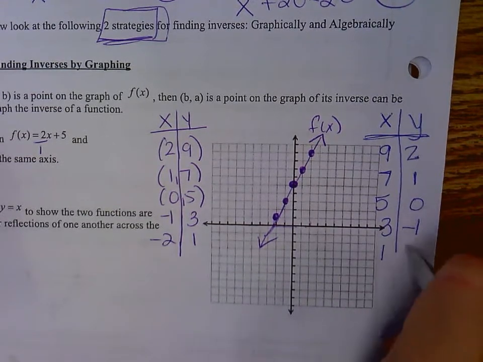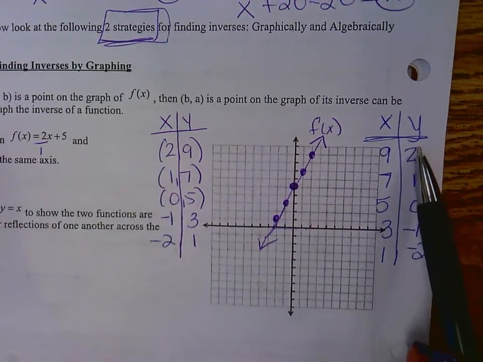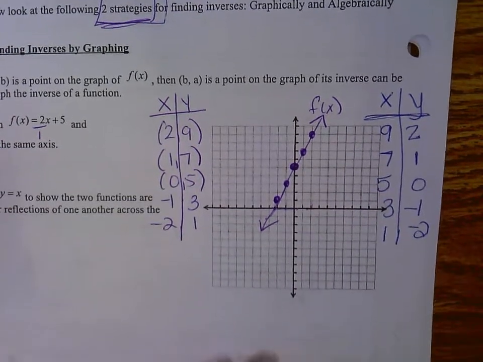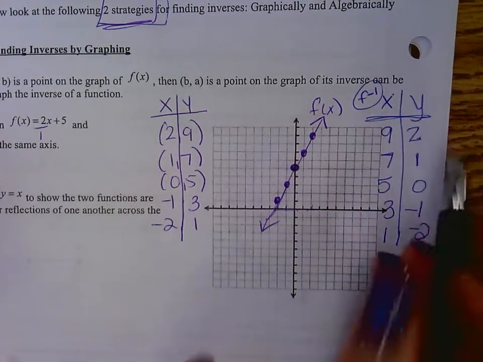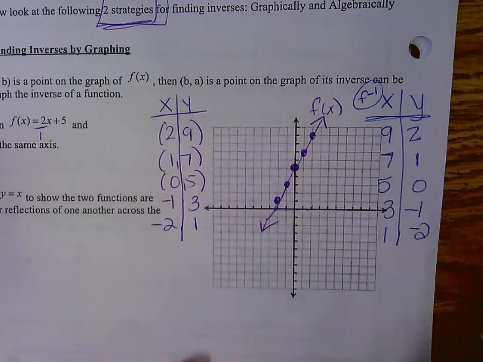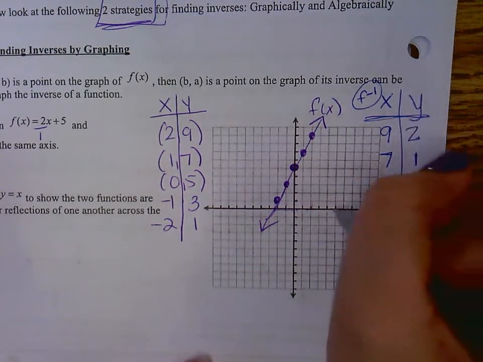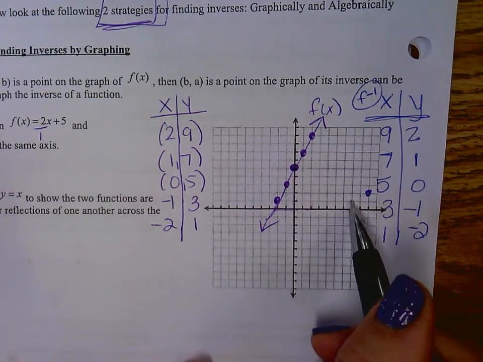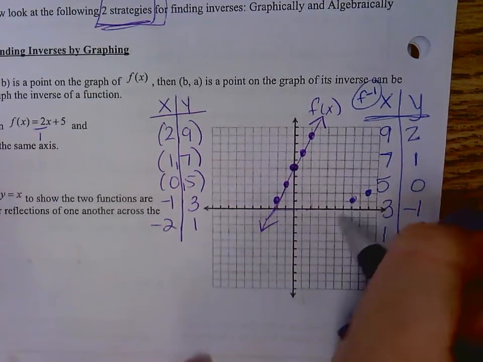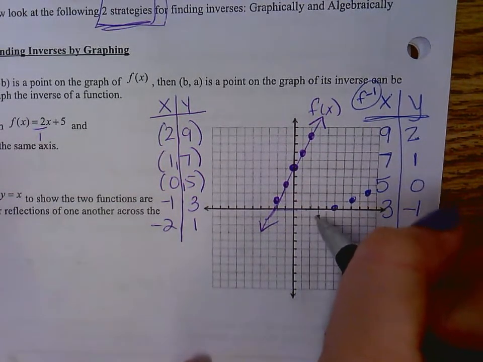So I literally took the x column and made it the y column of my table, right? So this is f inverse. I'm going to graph those blue points, and that is my inverse. So 9, 2, 1, 2, 3, 4, 5, 6, 7, 1, 5, 0, 3, -1, and 1, -2.